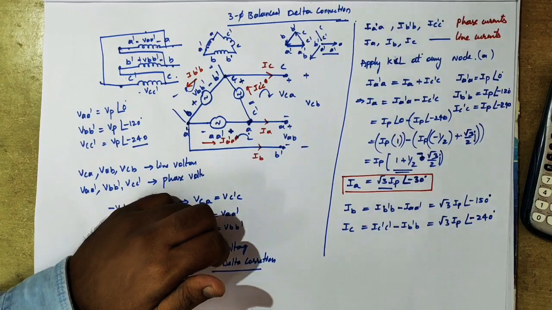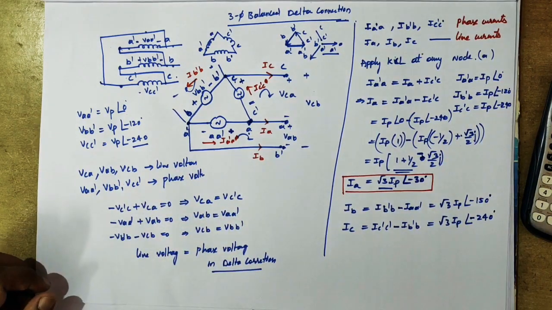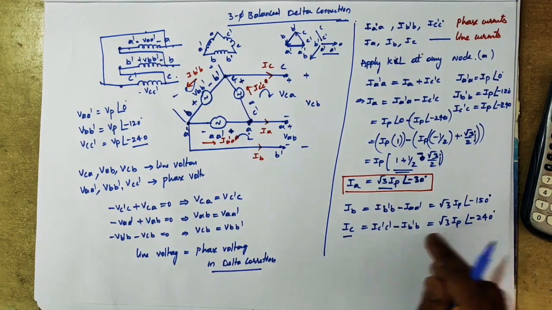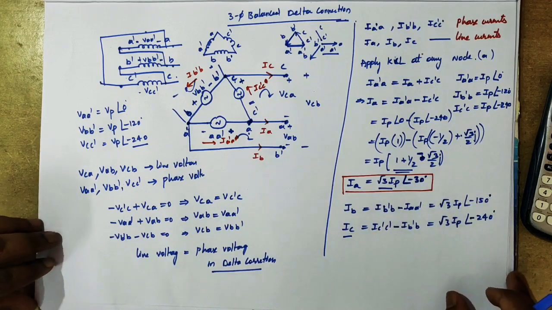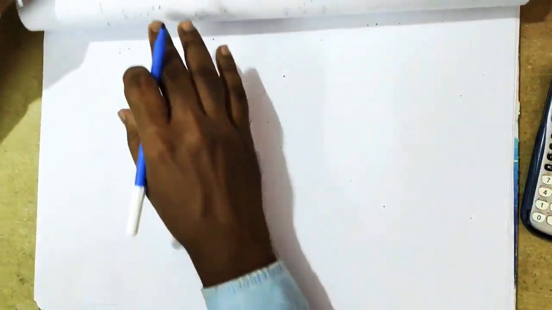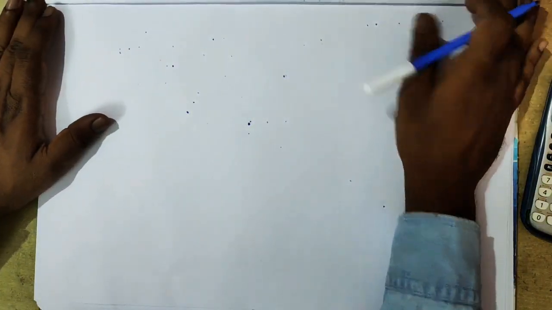So these are the currents you obtain. The polar representation, the vector representation, the phasor representation we will see now.